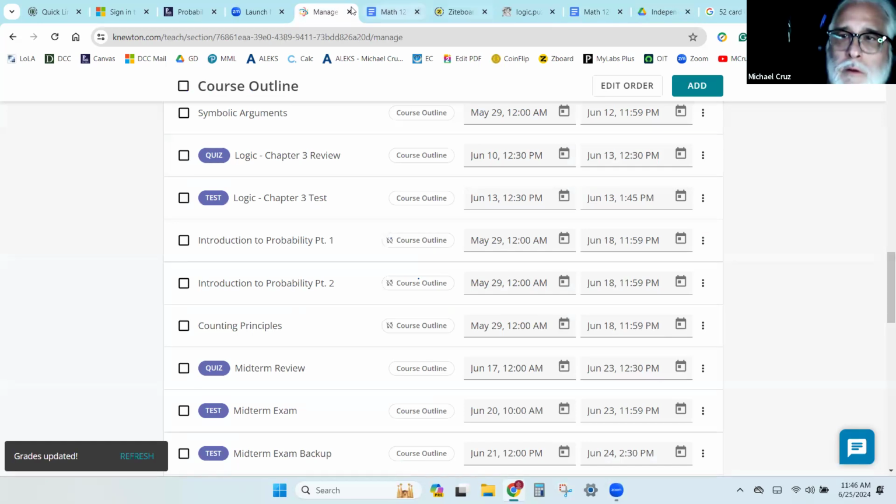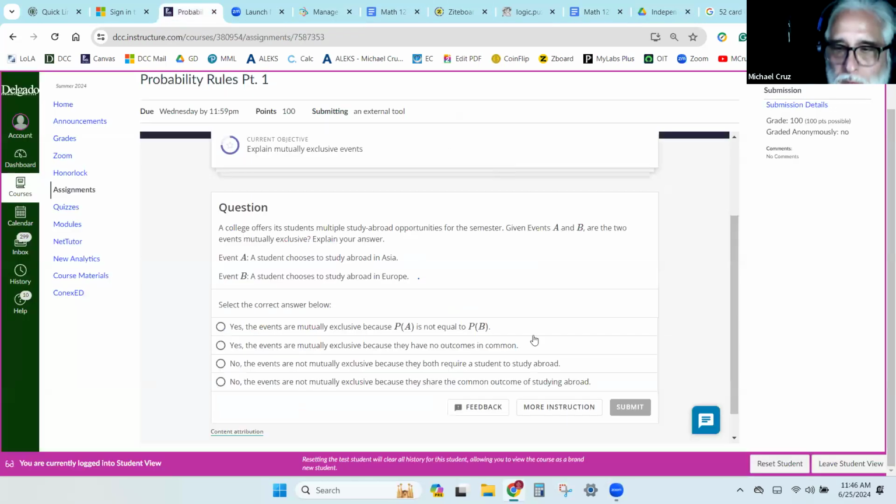All right, what happened to it? That really doesn't have anything to do with mutual exclusivity. Outcomes in common, right? So yes, the events are mutually exclusive. They have no outcomes in common. Well, that's the wrong definition anyway. Mutually exclusive is they have no.